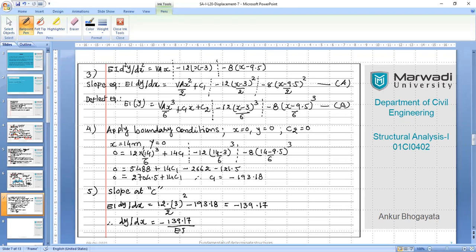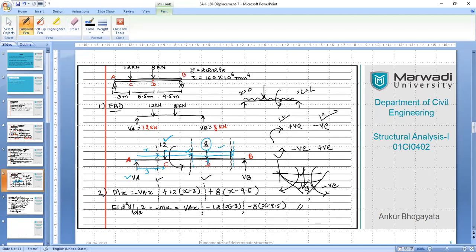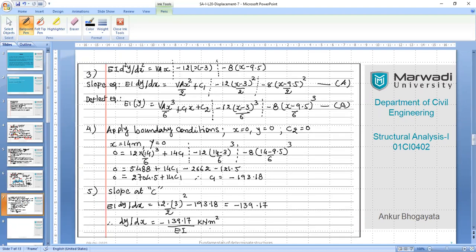EI, right? Now please understand, this term is still in the form of kilonewton into meter square. And our data which is given to us for EI is, let's check, in Newton per mm square and in mm raised to 4 format. So we have to convert this data into the appropriate format.